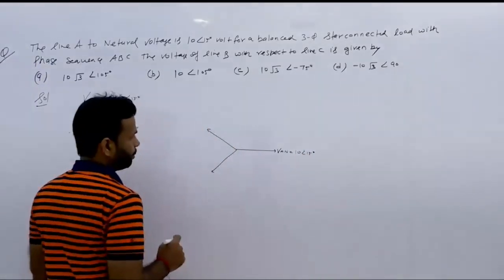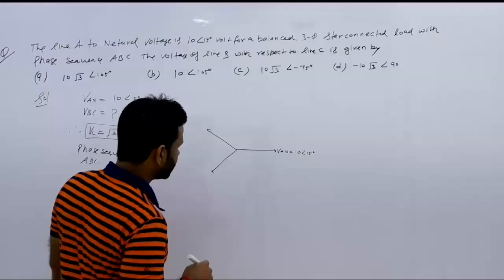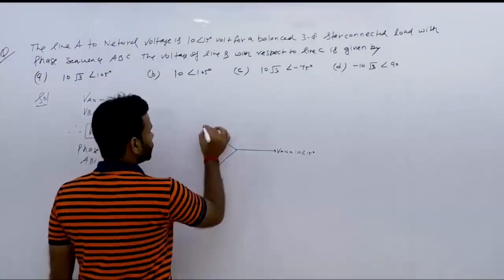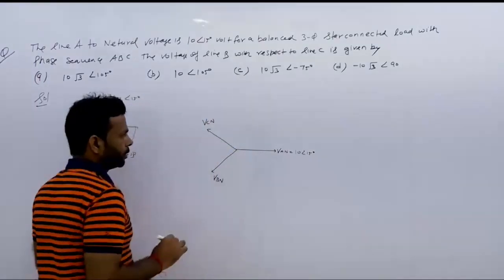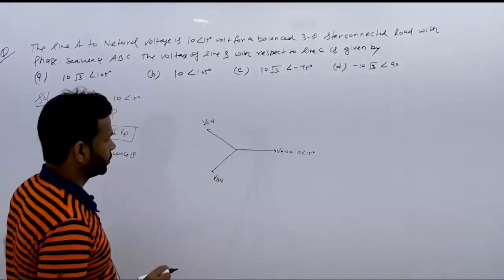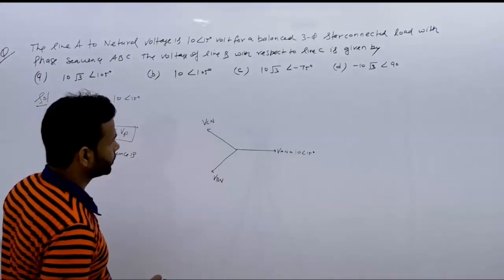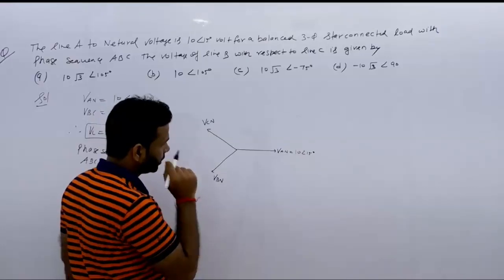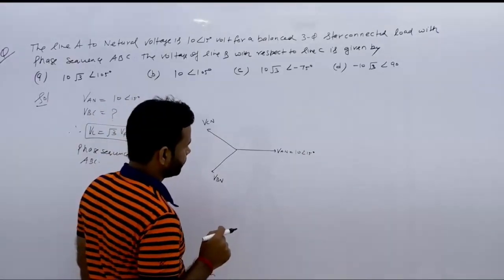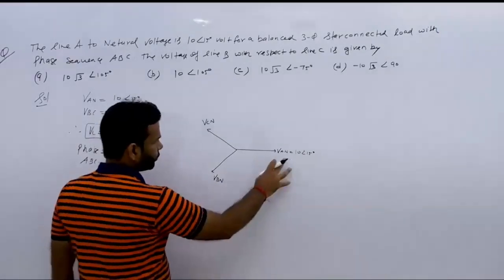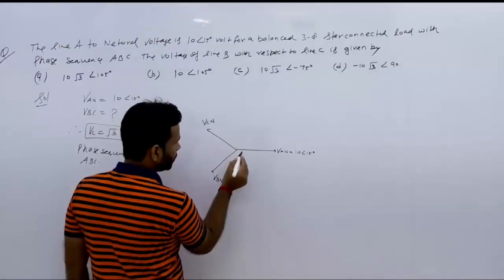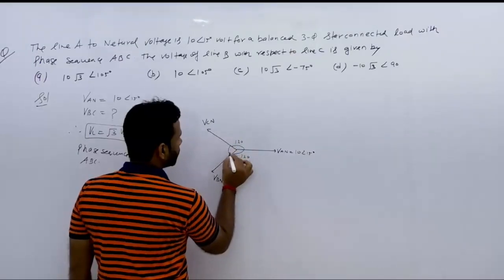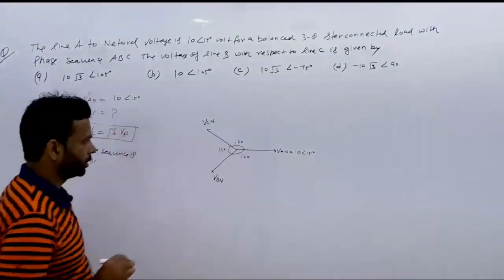Okay, now the next is VBN, and this should be VCN. Okay, so let's take the values. Now if this is at 15 degree, then the phase angle between each and every one should be of 120 degree.